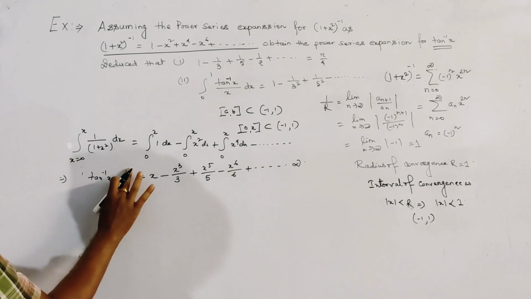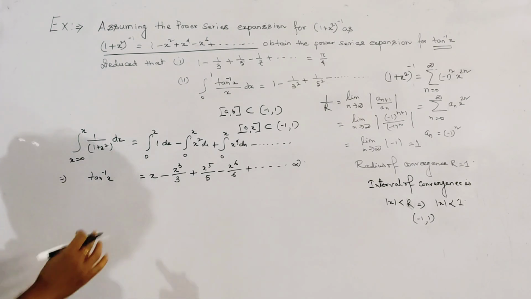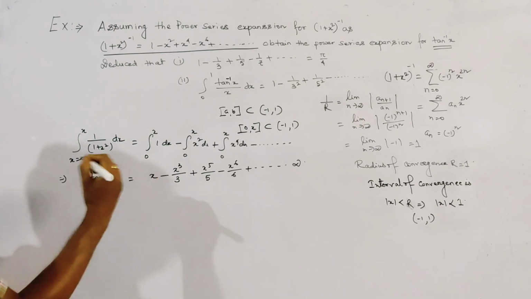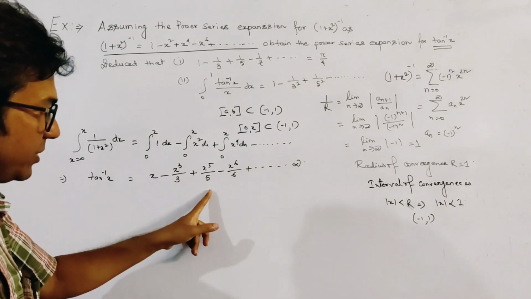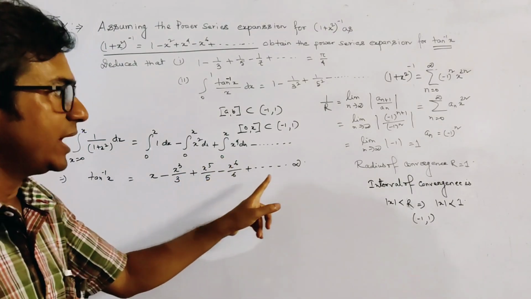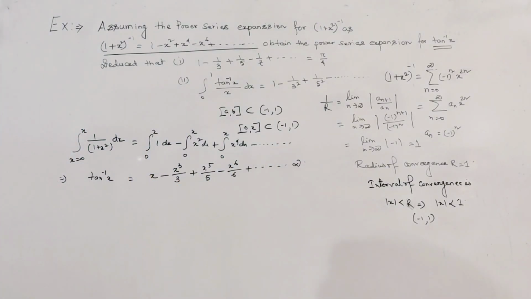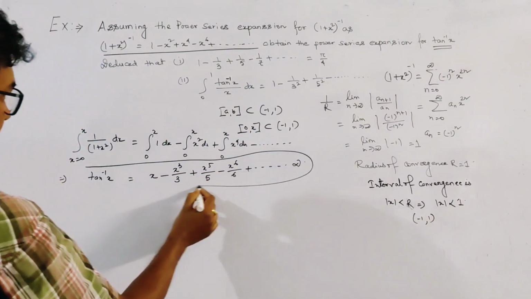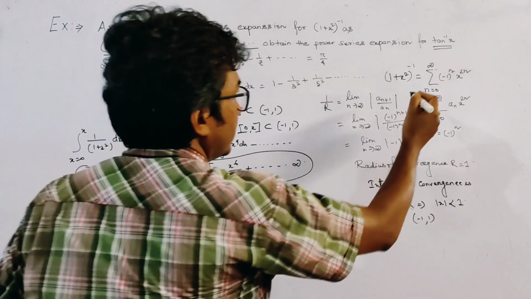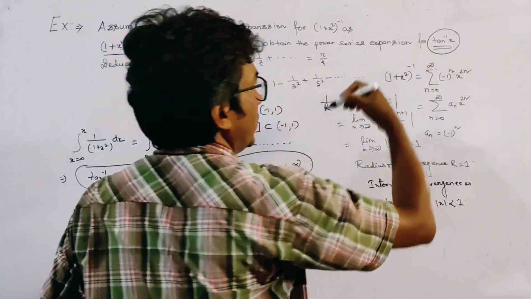So tan inverse x is equal to x minus x cube by 3 plus x to the power 5 by 5 minus x to the power 7 by 7 and so on. This is the power series of tan inverse x, our first required result.